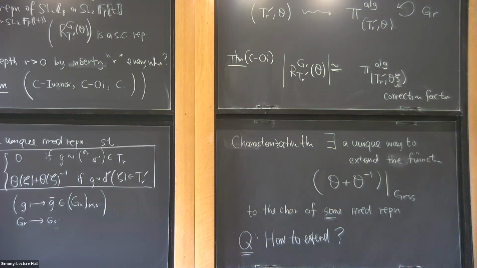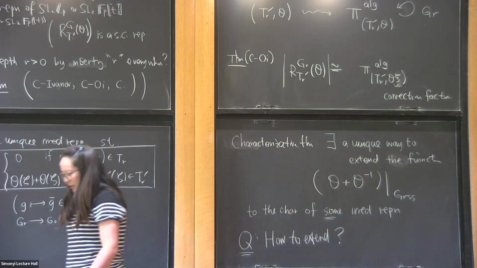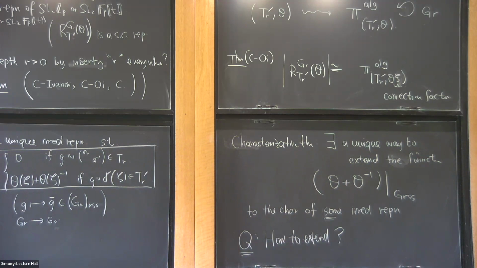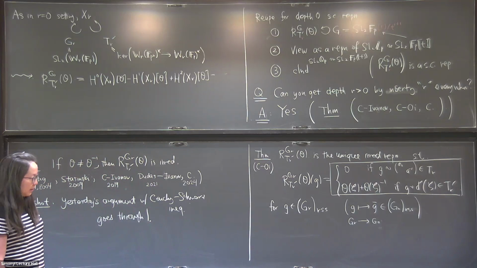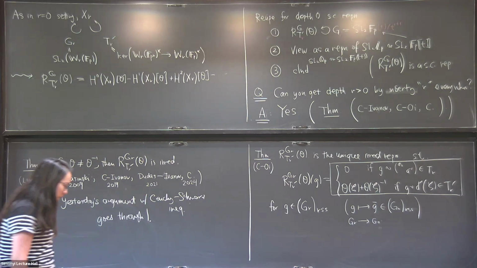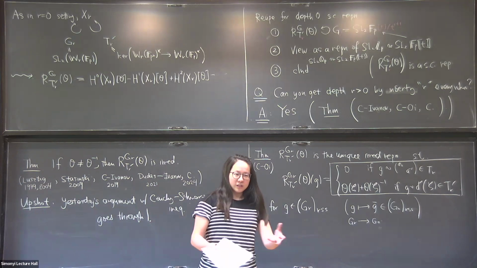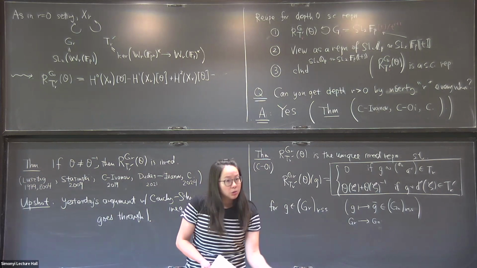Let me verbally say what you can do over something like SL2C, and then I'll tell you how to do this for Fp. In SL2C, say you take a finite dimensional representation; you can take the trace of this thing.